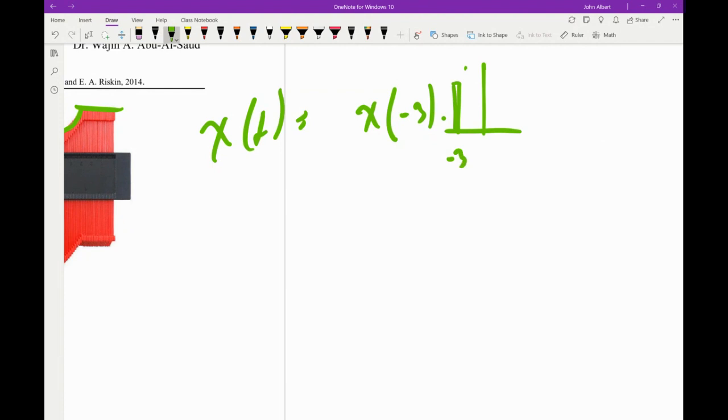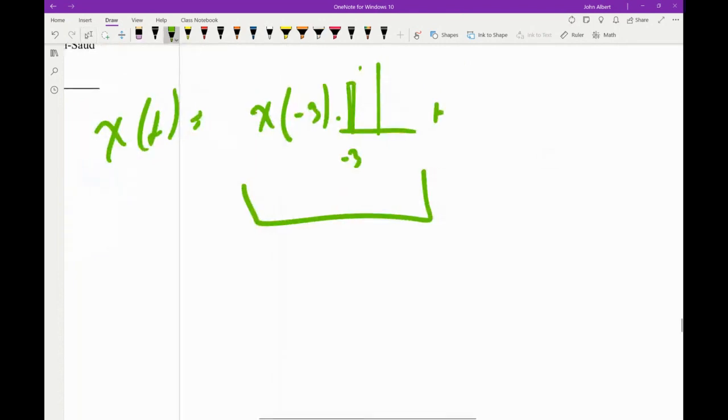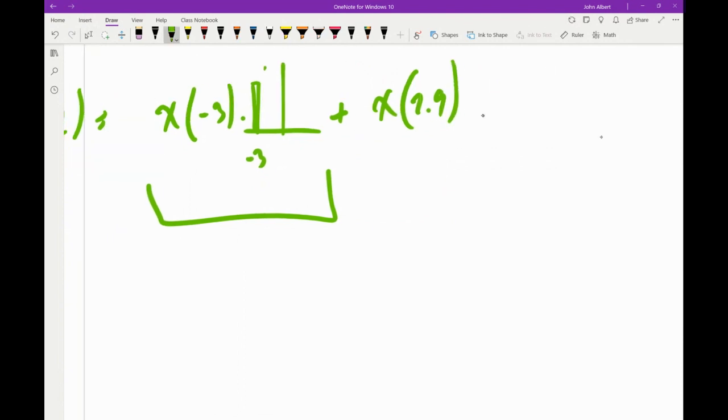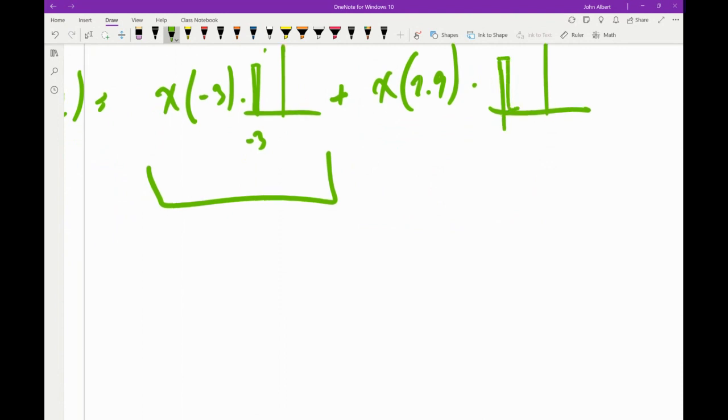But it's not only this. What I have done here only produced the value of that function x of t at one point, which is x of minus 3. I need to add to it also x of minus 2.9, for example, multiplied by an approximation of an impulse, which is a rectangle that happens at minus 2.9.